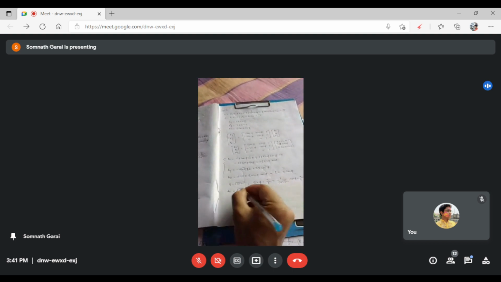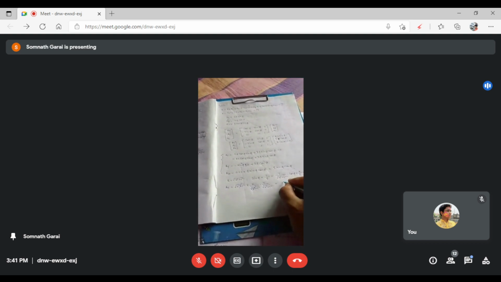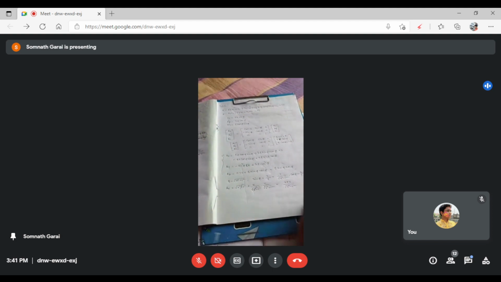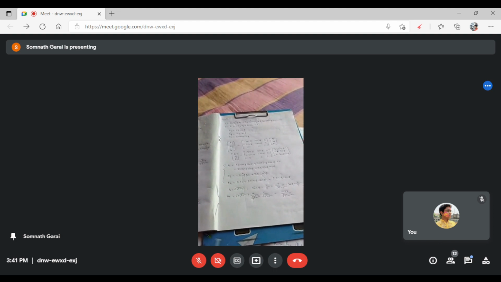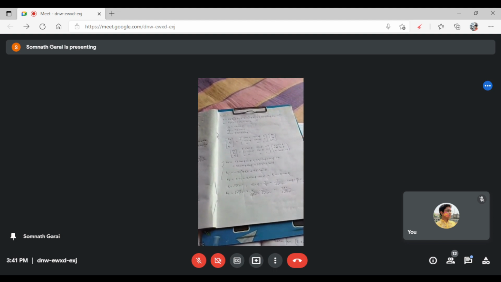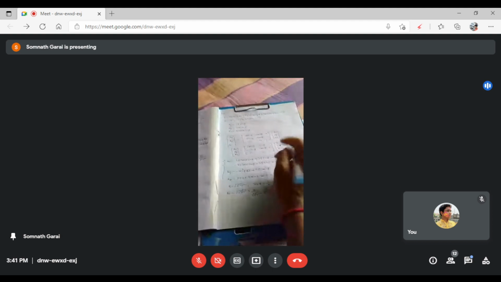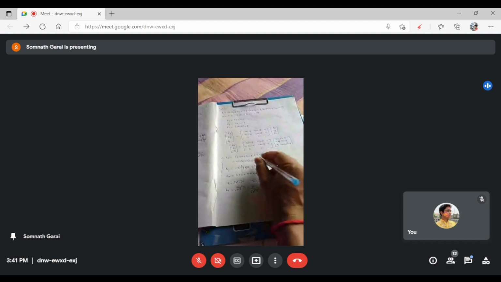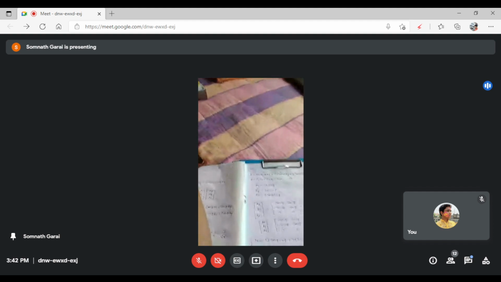So this will be cut, that is xyz divided by root over x square plus y square. Okay, and another part is there, another part is 3.